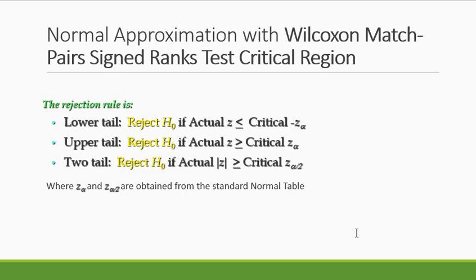For alpha equal to 0.05, Z alpha is 1.645 and Z alpha by 2 is 1.96. So we use the normal table, and the same critical values from the Z table discussed in the parametric test.